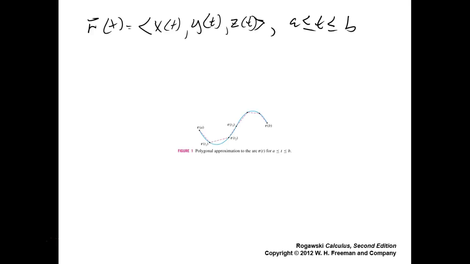But just like we did before, we will split the domain for t, from a to b, into a partition. a is t0, and then t1, t2, t3 up to tn, which is going to be our b.